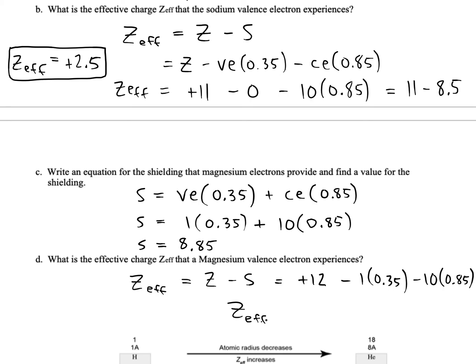So for magnesium, I get an effective charge of 3.15. What this means is that a valence electron is going to feel more strongly attracted to a magnesium atom than it will toward a sodium atom.